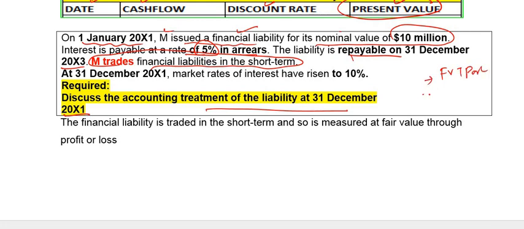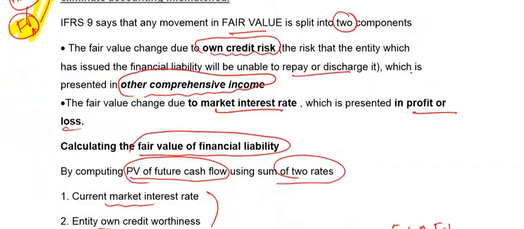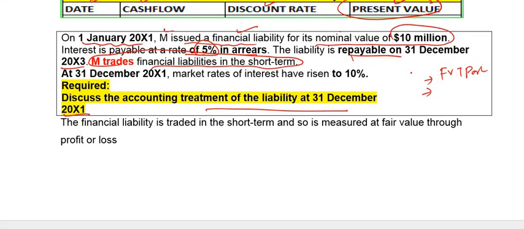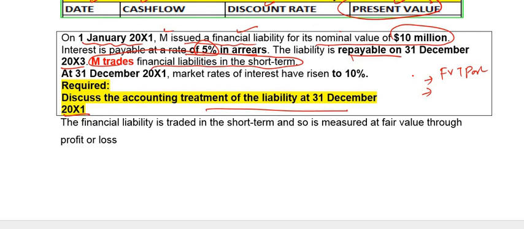Second, if there is some out of money derivative, then you should also measure at fair value through profit or loss. Now the market interest rate has risen by 10%, and the fair value change will be due to the market interest rate, so you will record this in the profit or loss statement.